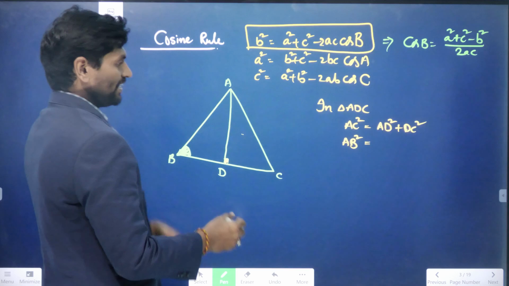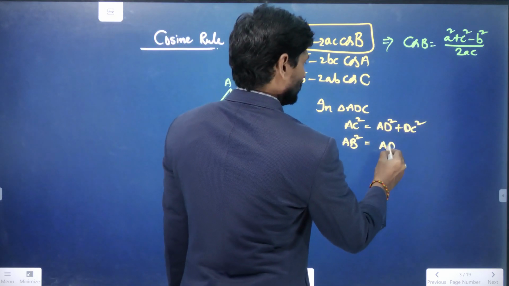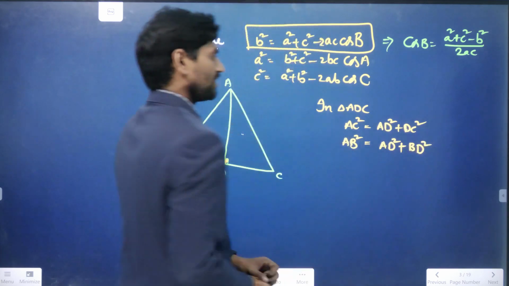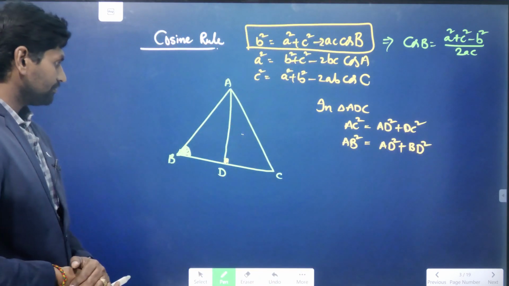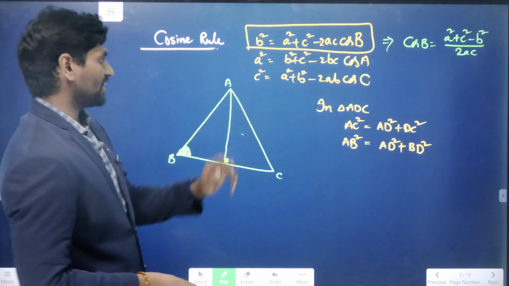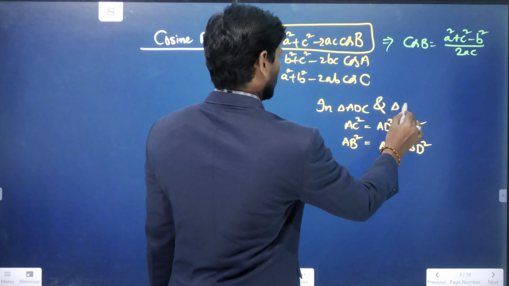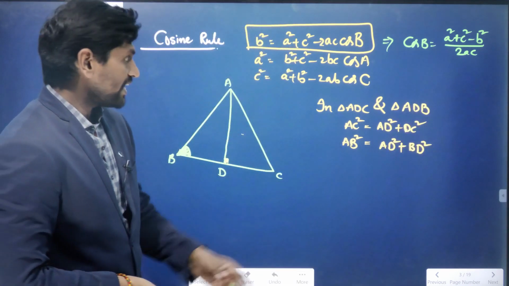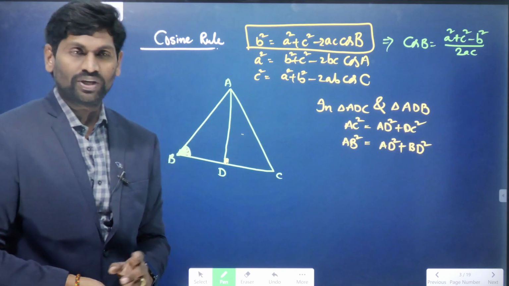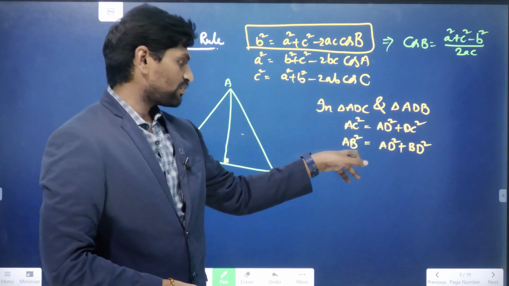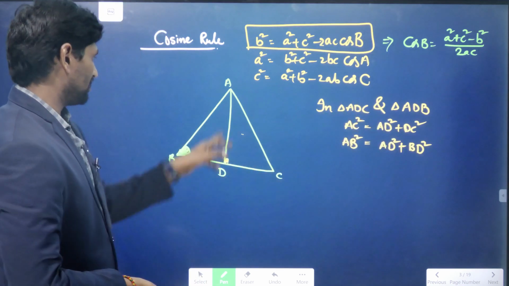AB square equals AD square plus BD square. I am just using the Pythagoras theorem from triangle ADC and triangle ADB. Two triangles. From the first triangle, I have written that AC square is equal to AD square plus DC square. From the second one, I have written that AB square is equal to AD square plus BD square.